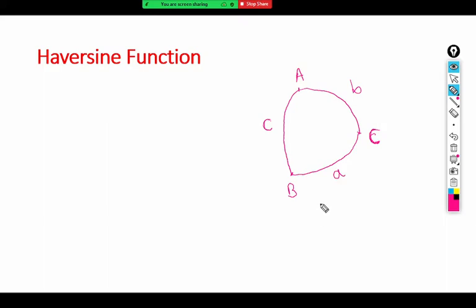Any side of a triangle is always less than 180 degrees, generally between 0 and 180, obviously.